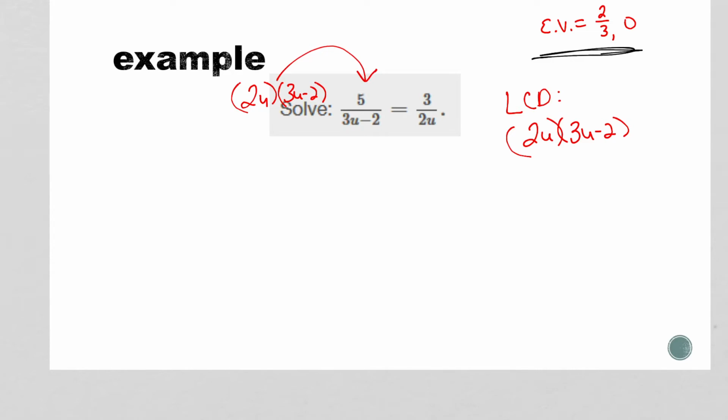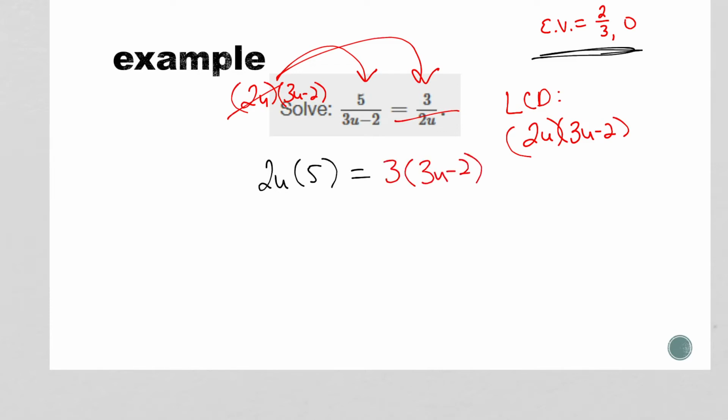Remember on this one, the 3u minus 2's would cancel. We would be left with 2u times 5. And whenever we multiply this times that, the 2u's cancel, and we're left with 3 times 3u minus 2.